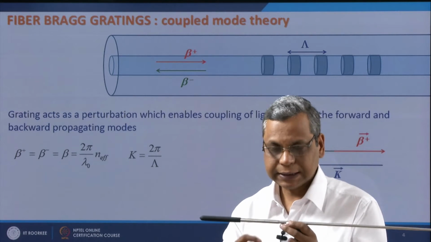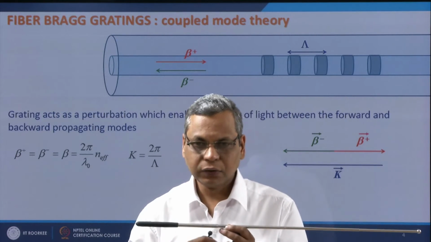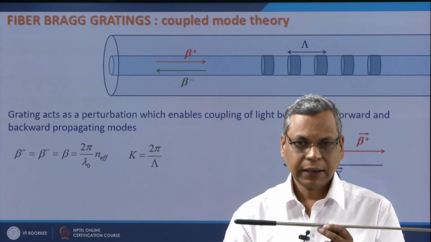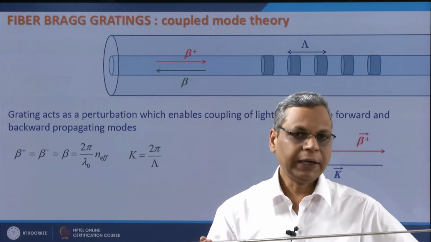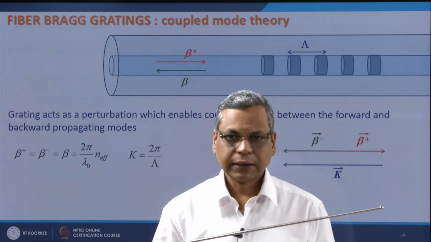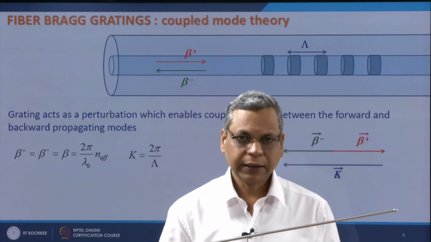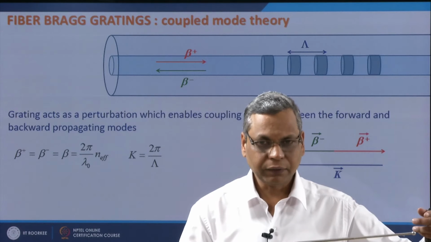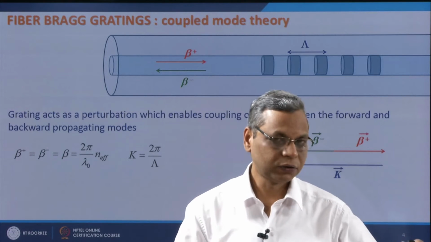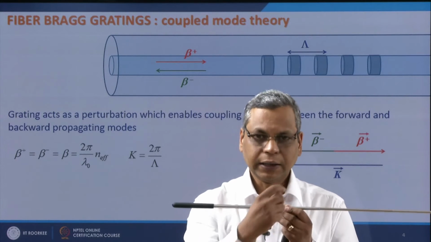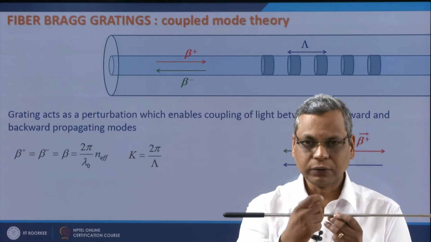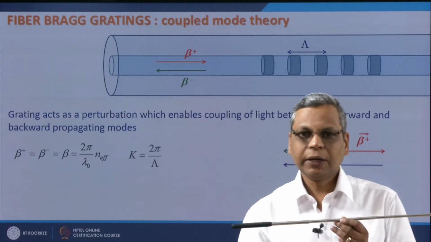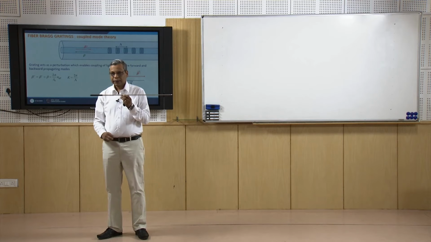If this is an ideal fiber and there are no scattering centers, and if I have index matching liquid at this output end, then there is no way that the light will travel back, because there is no back reflection from here and there are no scattering centers. So, there is no mechanism by which the wave can travel back.